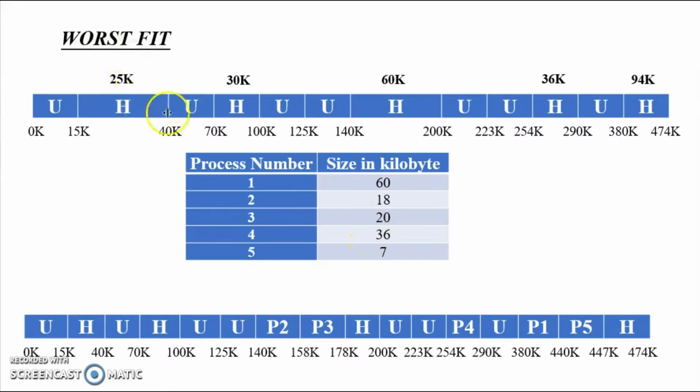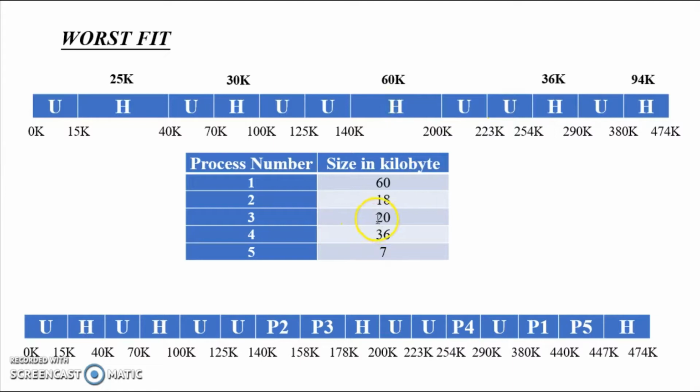So from the first one, 25 kilobytes, 30 kilobytes, and after cutting off just now, we left 42 kilobytes for the third hole, and the fourth one 36, and the last one after cutting off for process one, we still have 34 kilobytes left.